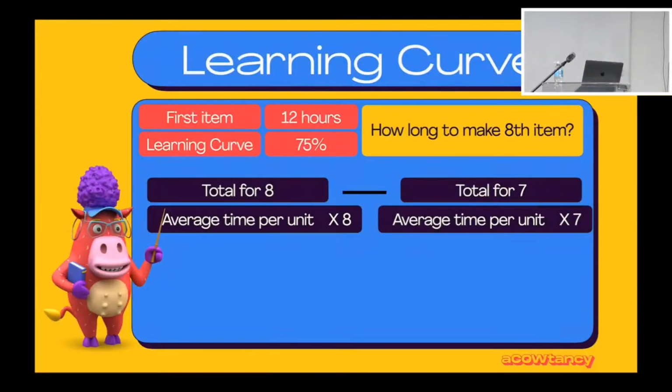Why? Because you're getting better at it, so that average time changes all the time. But this is the only way we can do it mathematically. Hope you're still with me, because I know this is tricky. So the average time per unit is Y, mathematically. Y equals A... Anybody know what A is in this question?